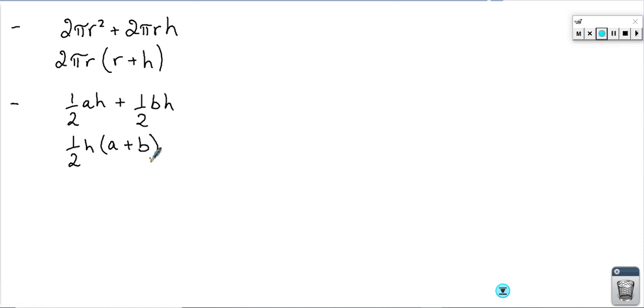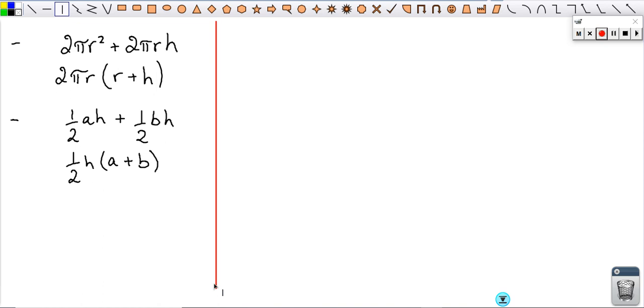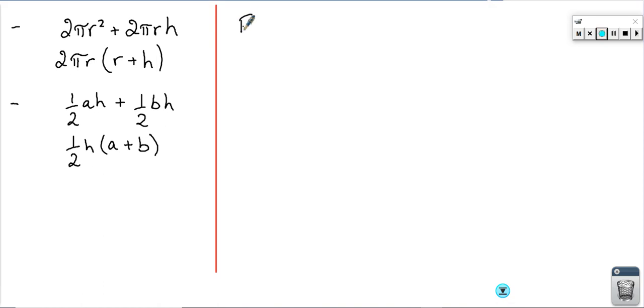Now, why is finding the common factor so important? For example, let's suppose I have to work out the following problem. Find the value of seven times 36 plus 7 times 64. If you're going to use BODMAS, we have to multiply first and then add.